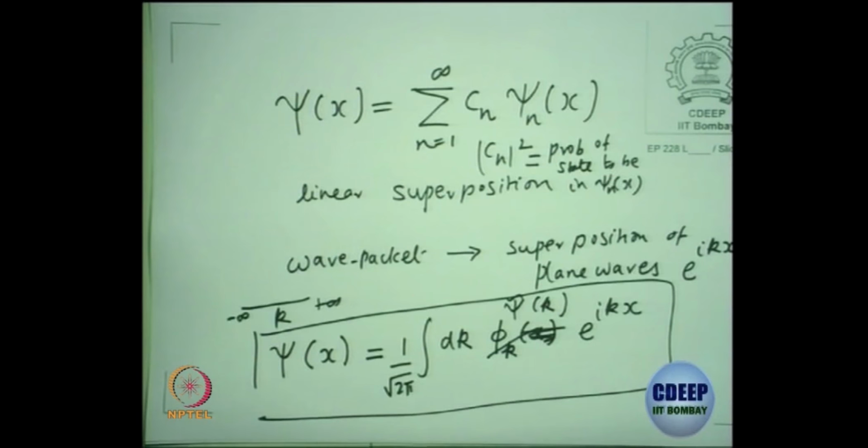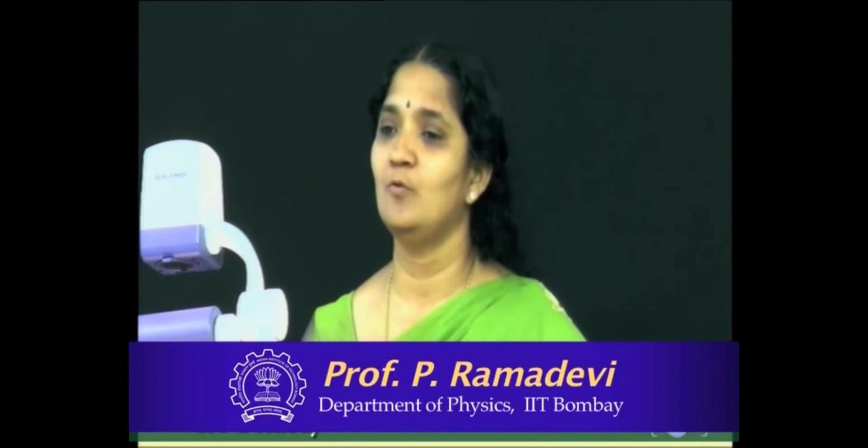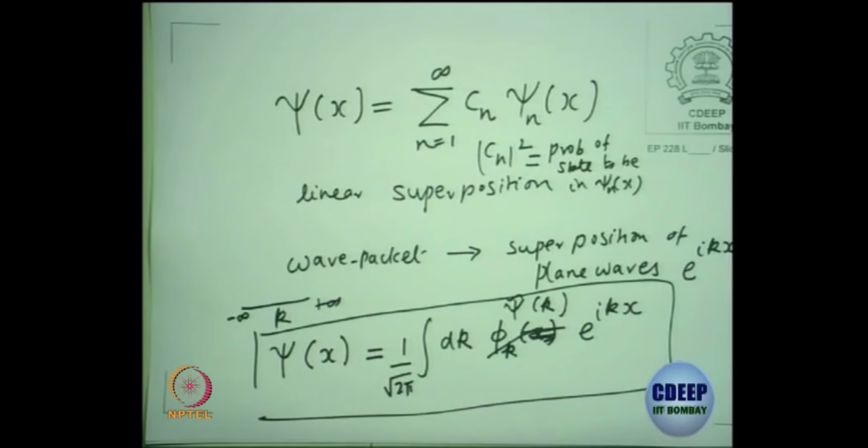So I'll give a couple of problems based on this Fourier transform for a free particle, where you can put the energy to be h cross squared k squared over 2m, and you can rewrite it in terms of that, and you can try and find the evolution of psi of x,t.